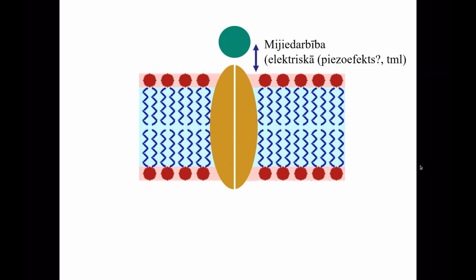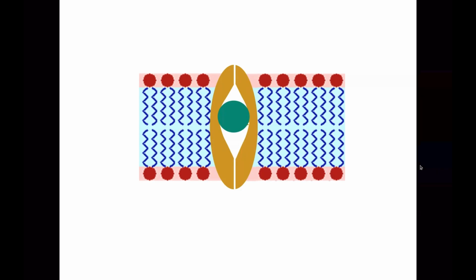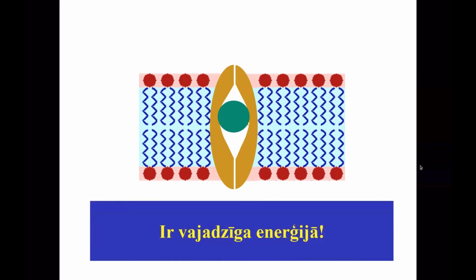There are different approaches to understand what is happening here, but we don't know exactly until now what the right mechanism is. But nevertheless, the molecule becomes open. The channel is open for this ion, and the ion is transferred into the molecule, and after that, out.